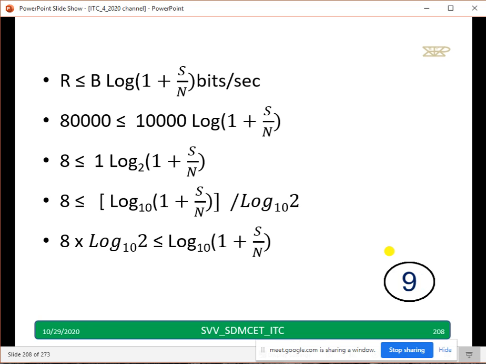We'll wait for another few seconds. At least somebody may calculate, and they may type in the chat box. Otherwise, I'll show you the next slide.